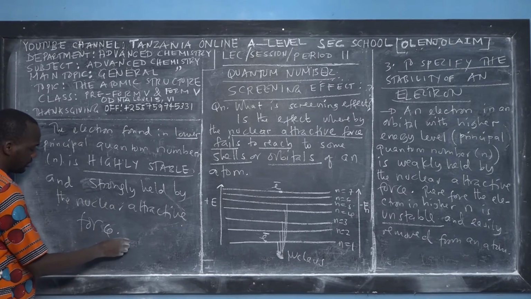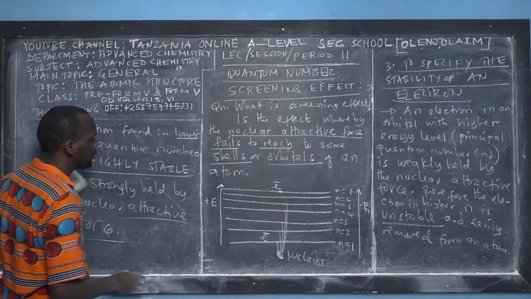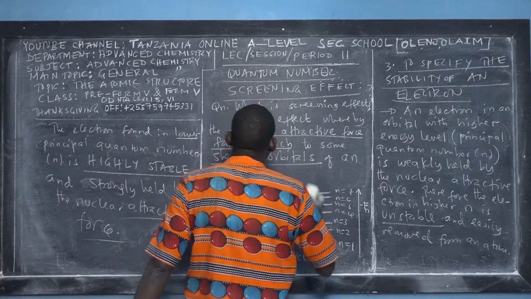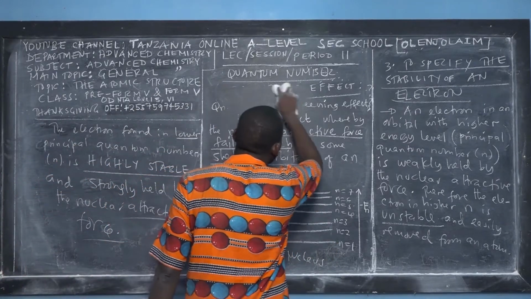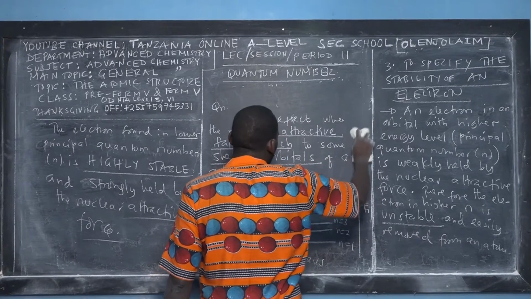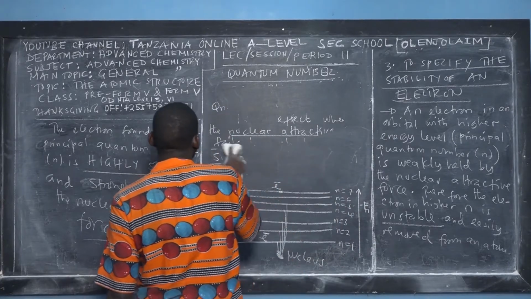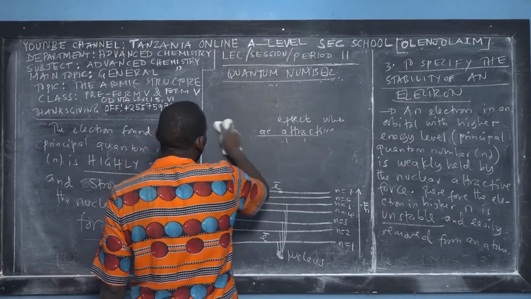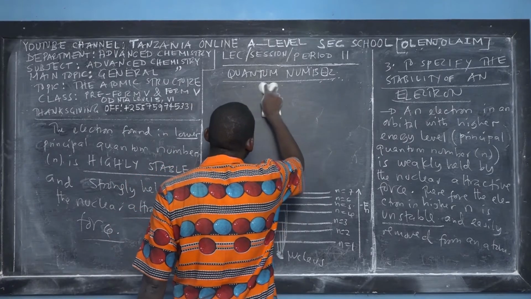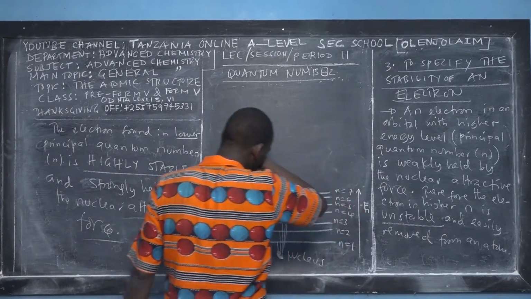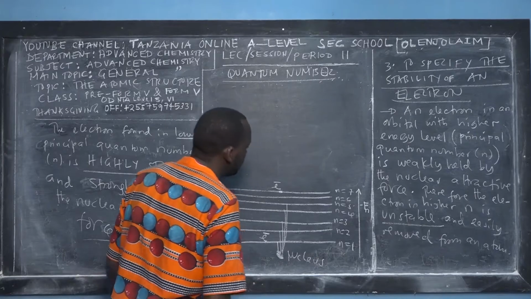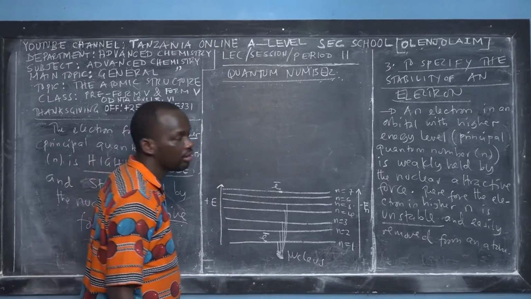So that's how we use the concept of the principal quantum number to explain its applications, or to explain the stability of electrons in an orbital or energy level.